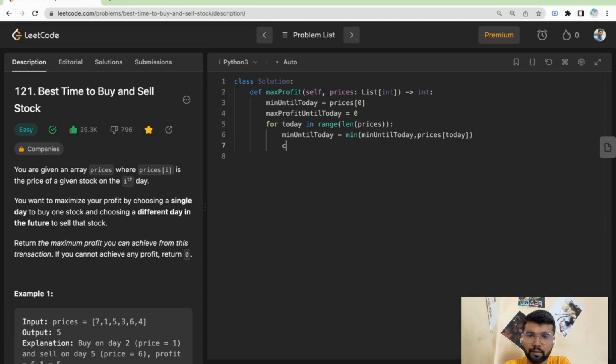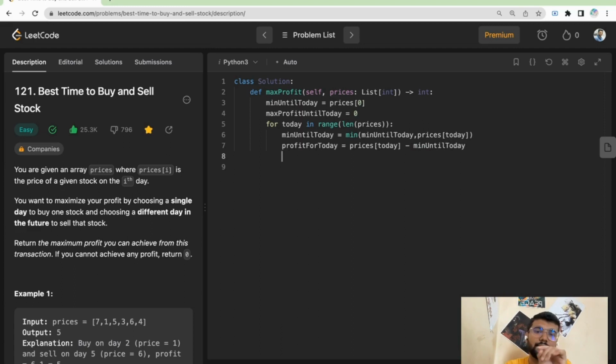And again, take today's profit, or profit for today. That will be today's price minus minimum until today. So prices of today minus minimum until today. So our half of work is done.